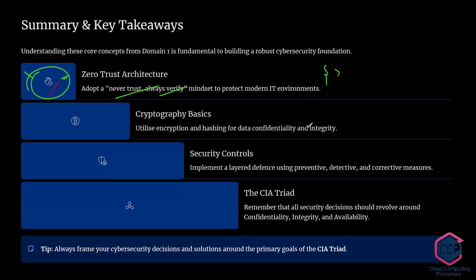And cryptography basics, we had symmetric, asymmetric, and hashing. Security controls: preventive, detective, corrective, as well as intrusion detection, IPS, IDS. CIA, which starts from confidentiality, integrity, and availability.